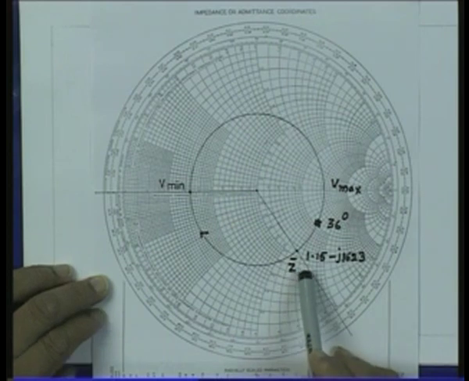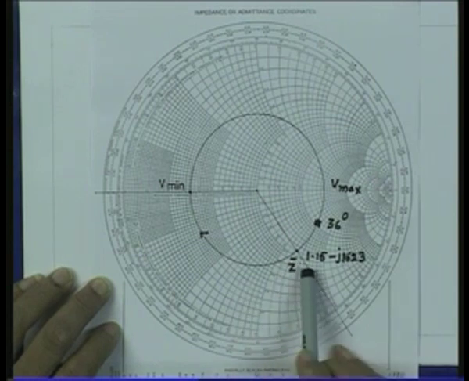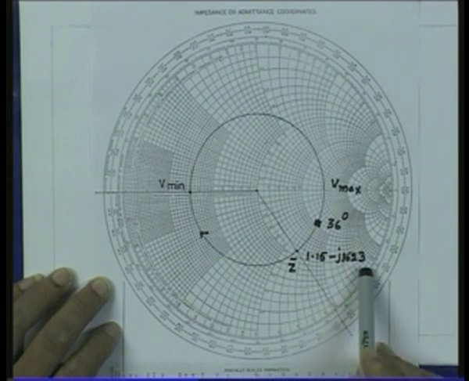Now, if I read off the value of the normalized resistance and reactance corresponding to this point, I get a value 1.15 minus j 1.23.